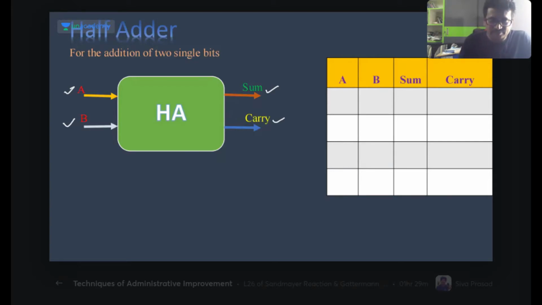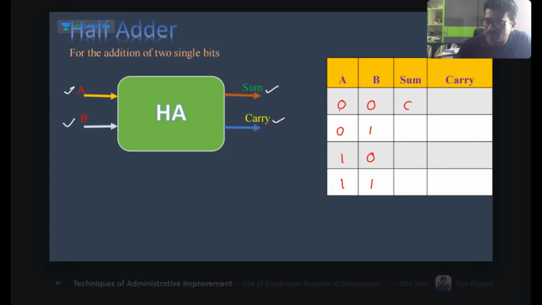Now this is the half adder. A and B are the inputs. Let us say A and B take the values 00, 01, 10, 11. All of you copy this note simultaneously. Now you tell me, if we add 0 plus 0, what do we get?